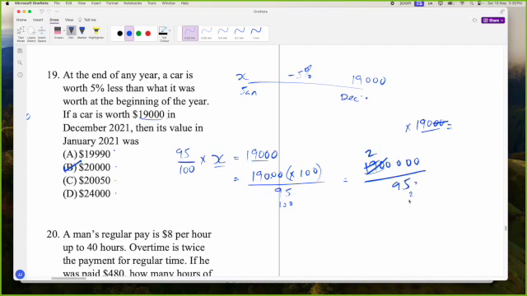So 95 times 2, 5 2s are 10, and 9 2s are 18, and 1 is 19. Well, look at that. 95 goes into 190, and I have my zeros left. I guess sometimes you just kind of have to do it the long way.